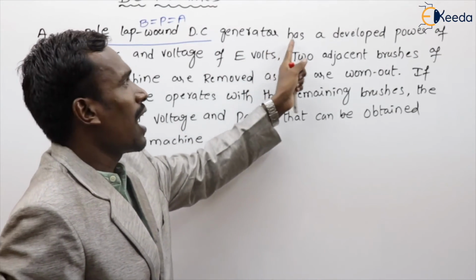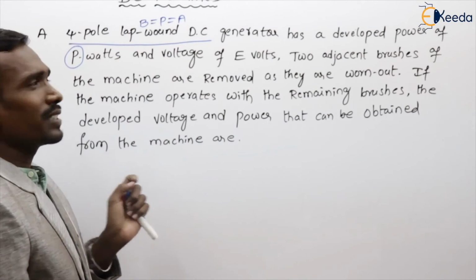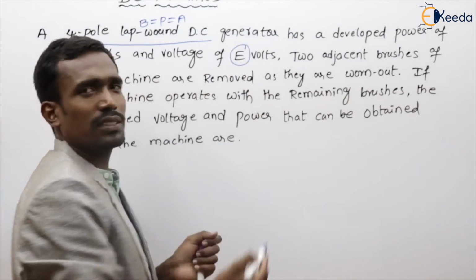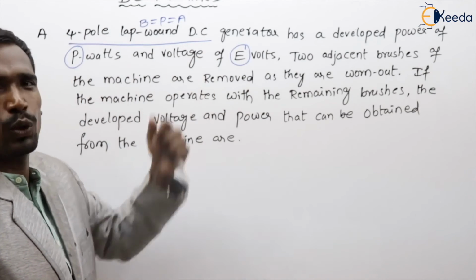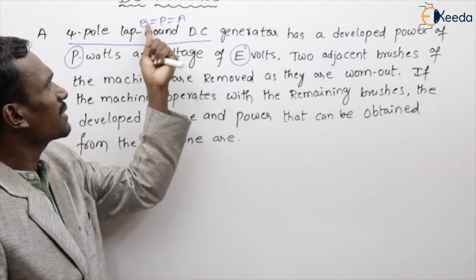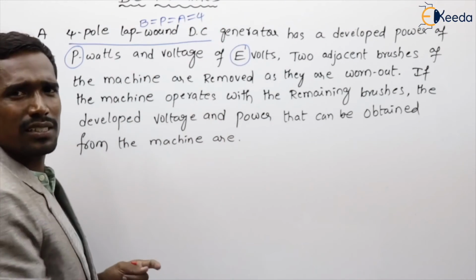The generator has a developed power of P watts and voltage of E volts. Here the number of parallel paths and brushes equals the number of poles, nothing but 4, right?